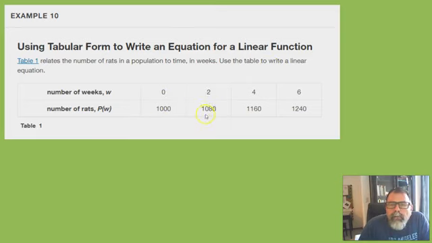All right, so we need to find the slope. Look at it, it's growing by 80 each time. You can kind of see that, or you can just think of it as 2 points.